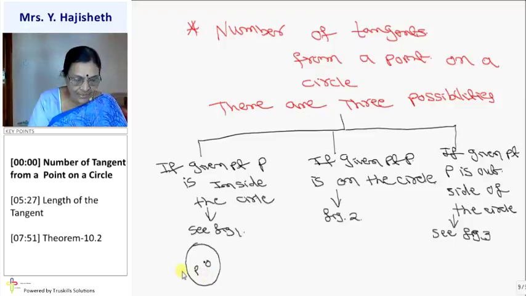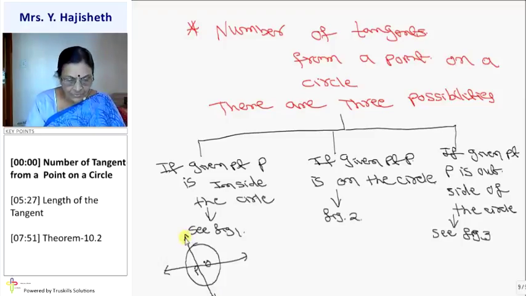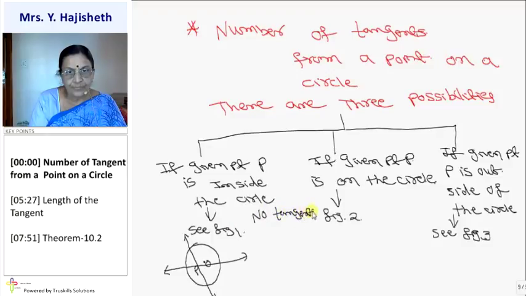Then from P we can draw many lines, right? From one point we draw many lines. But no one is going to become a tangent to the circle. So I can say here no tangents can be drawn. मतलब number of tangents are 0.